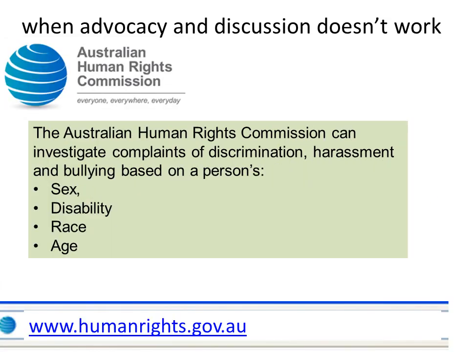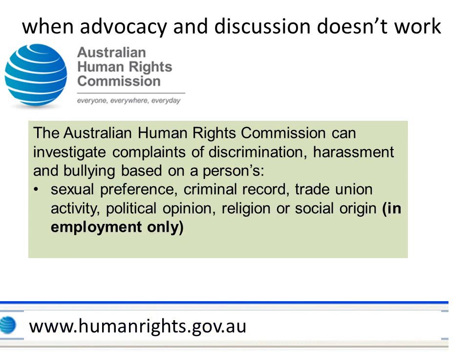The Human Rights Commission is again on a federal level, say humanrights.gov.au. They can investigate complaints of discrimination or harassment or bullying based on a person's sex or their disability or their race or their age, or a couple of other areas if it's to do with employment.